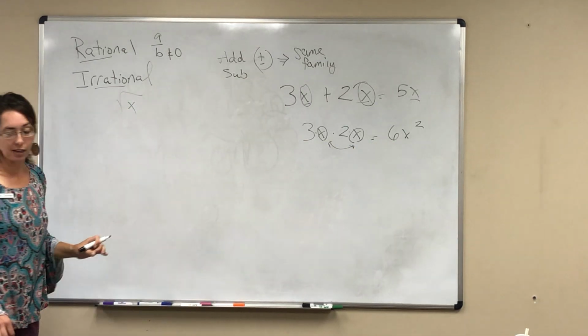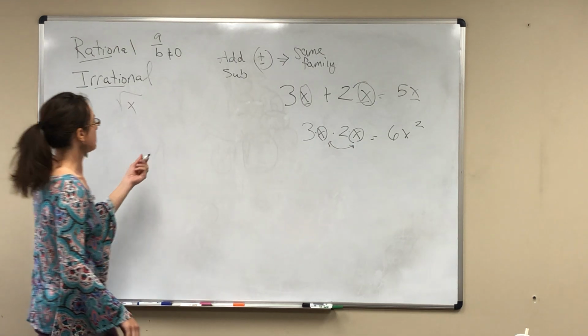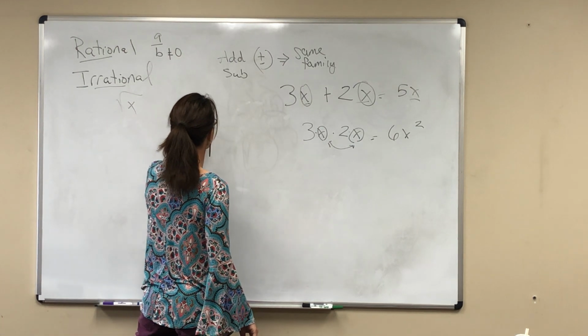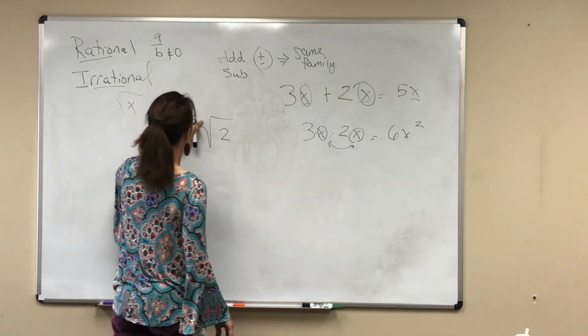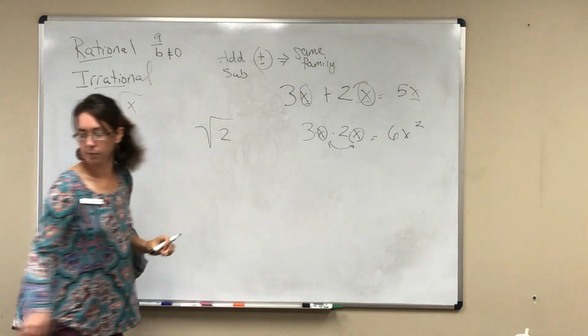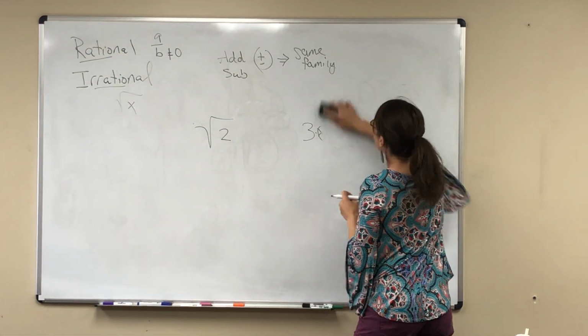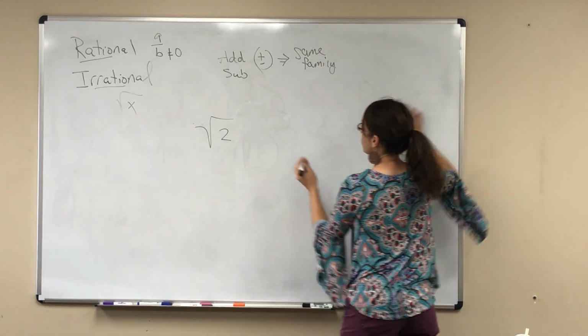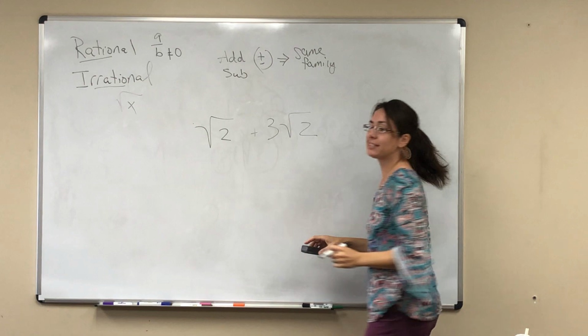Same thing with radicals, okay? When we are adding and subtracting radicals, we're going to work with the square root of 2. If we are adding and subtracting radicals, they have to be the same family.